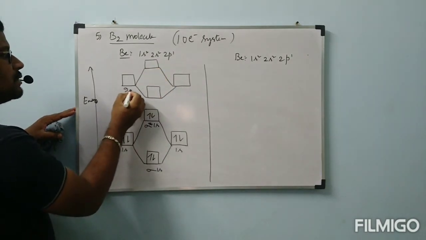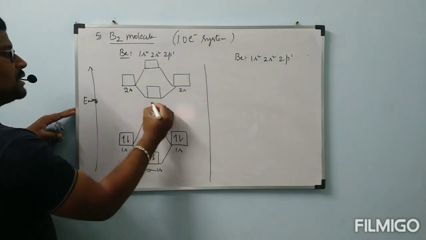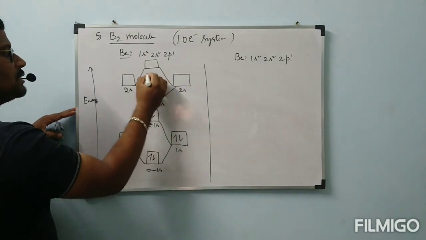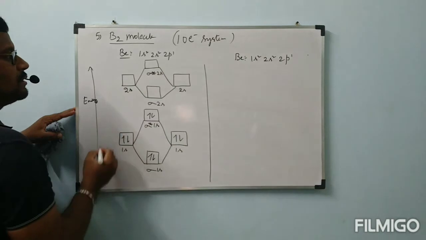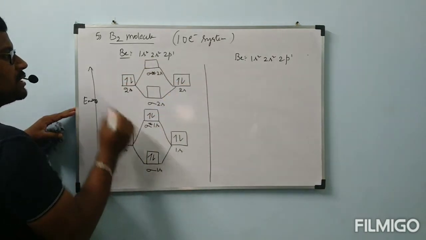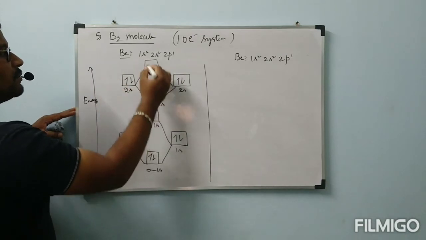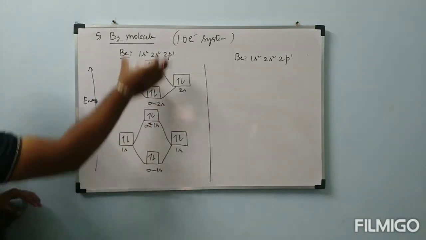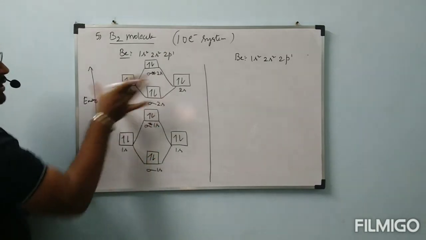This is 2s. This is also 2s. This one will be sigma 2s. This is sigma star 2s. 2s has 2 electrons. Here also 2s has 2 electrons. Then total 4 electrons: 1, 2, 3, 4. So 1s completed, 2s completed.